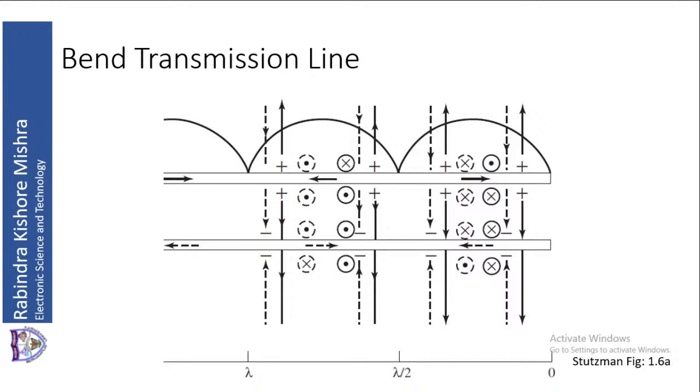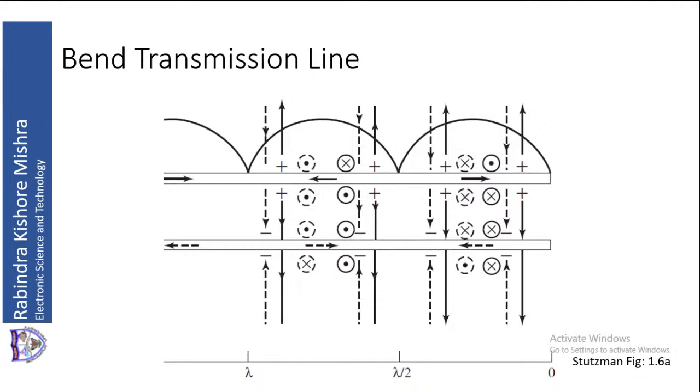The solid vertical arrow becomes a solid downward arrow, and the solid downward arrow becomes a solid vertical arrow, and the dashed arrows behave similarly. Which means that if you go to a far distance from these wires, the fields will be exactly in the opposite direction.